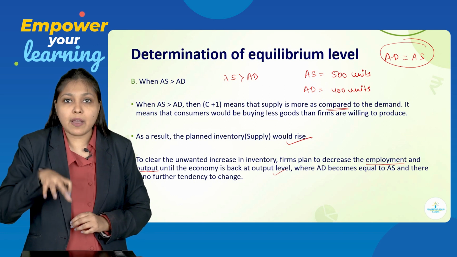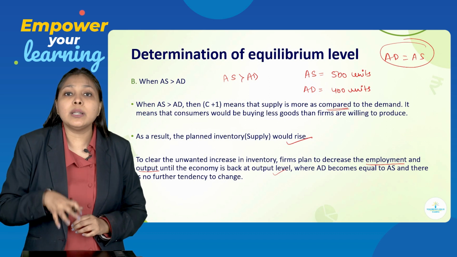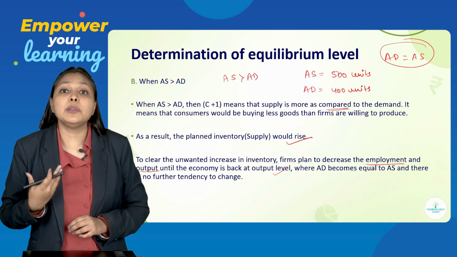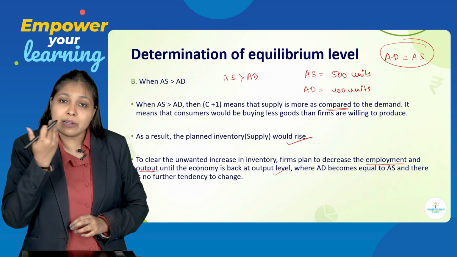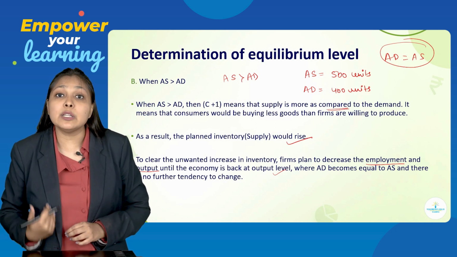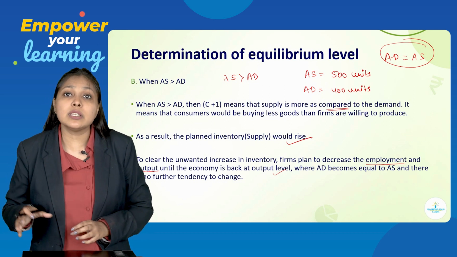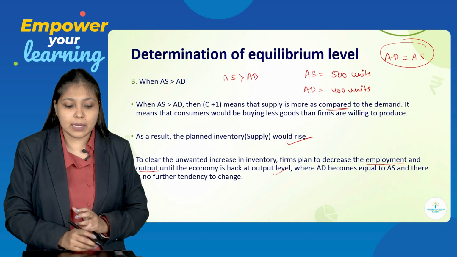So if this is the situation wherein the supply is more than the demand, the producer will reduce his employment and reduce his output of goods and services till the time the situation is again back to equilibrium.